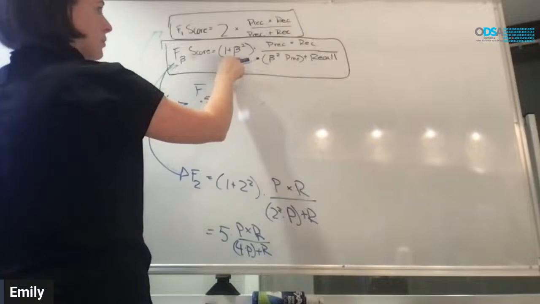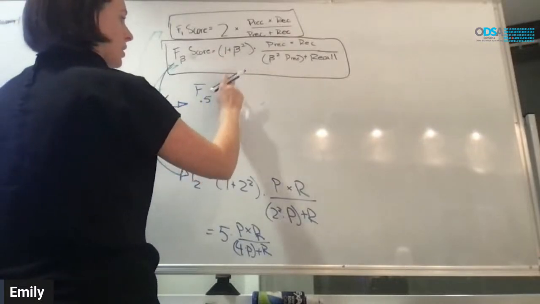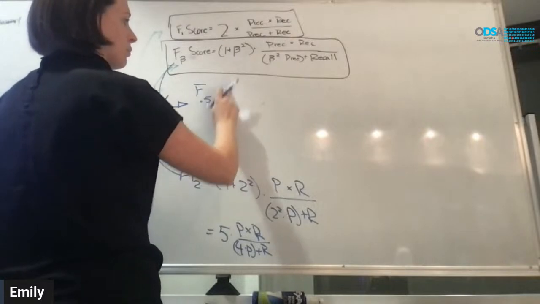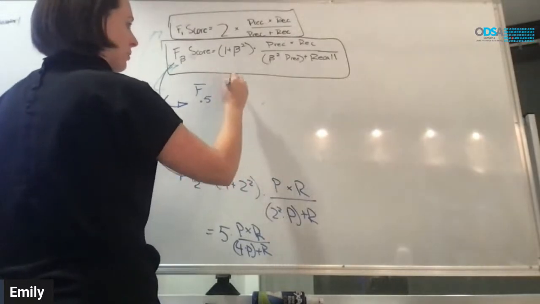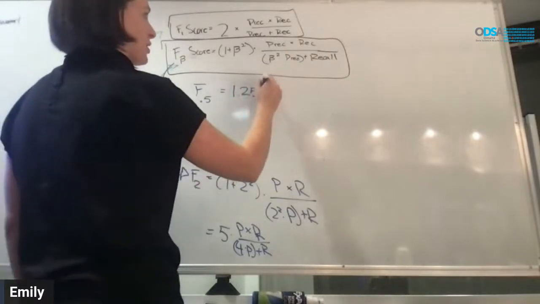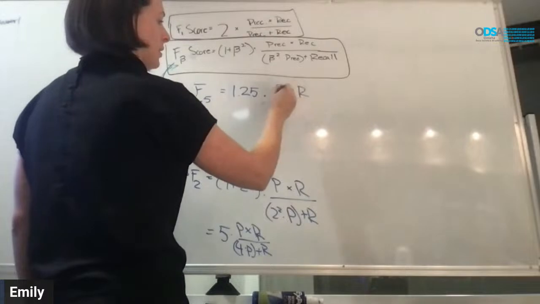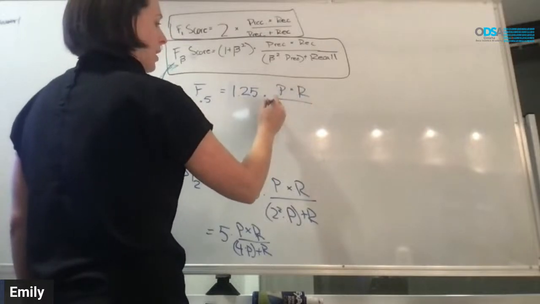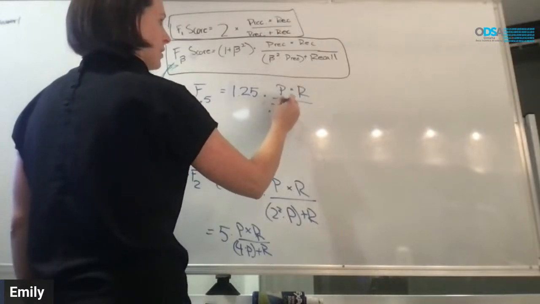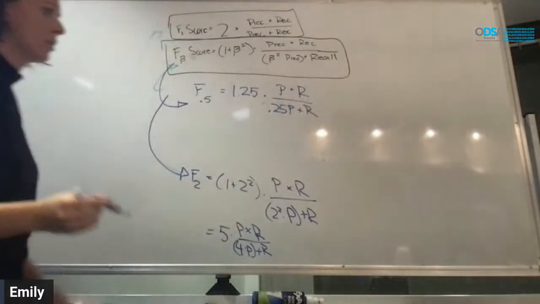1 plus 0.5 times 0.5, which is going to be 1.25. Somebody correct me if I'm wrong there. Okay, good. I'm great with fractions. Times precision times recall, and 0.25 precision plus recall.